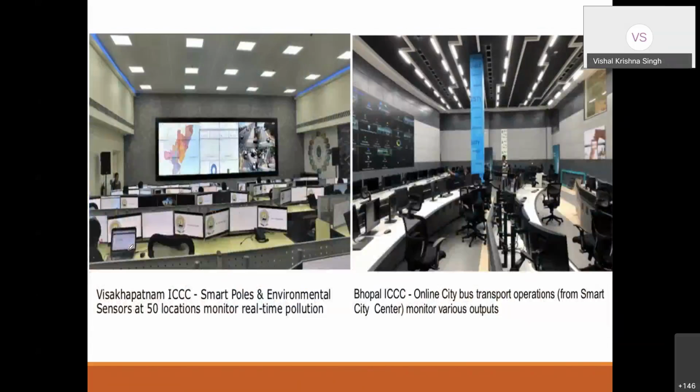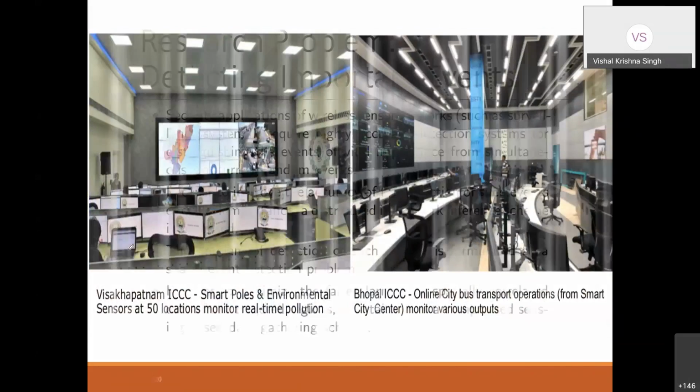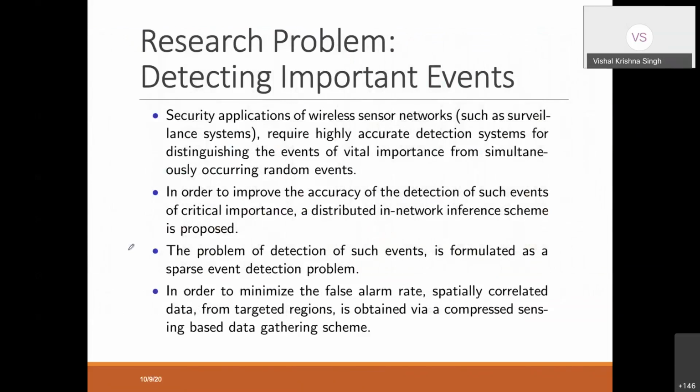Now, the integrated command centers are in Vishakhapatnam and Bhopal, but these are not of importance. I was just showing those figures because this is what an integrated command center of a surveillance system would look like.